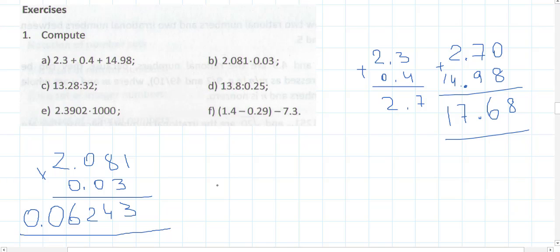And we have division here. 30.8 divided by 0.25. So how do we divide? By columns, of course. Let's make the divisor 0.25 an integer number, and it means we need to multiply by 100 this one and 100 the 30.8.